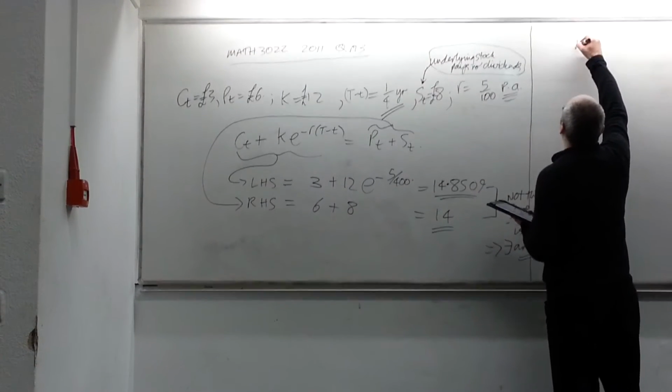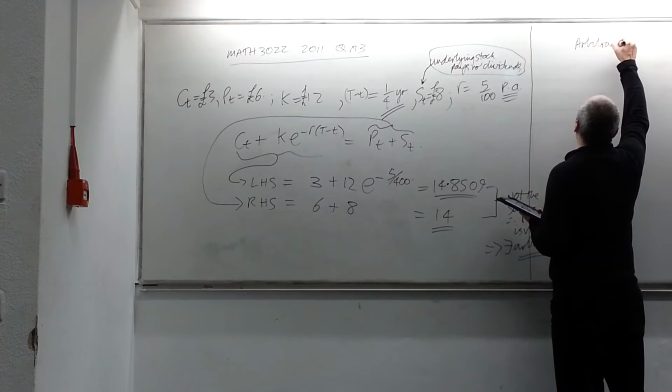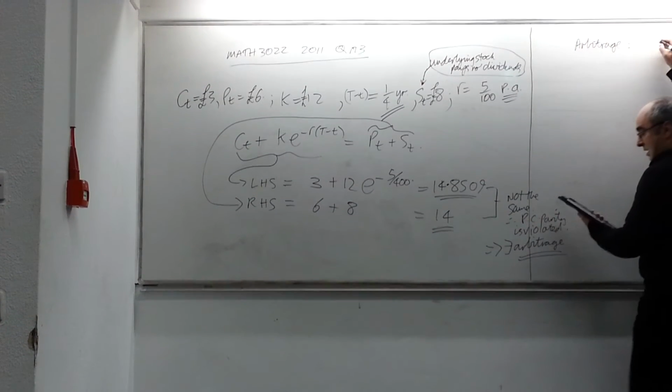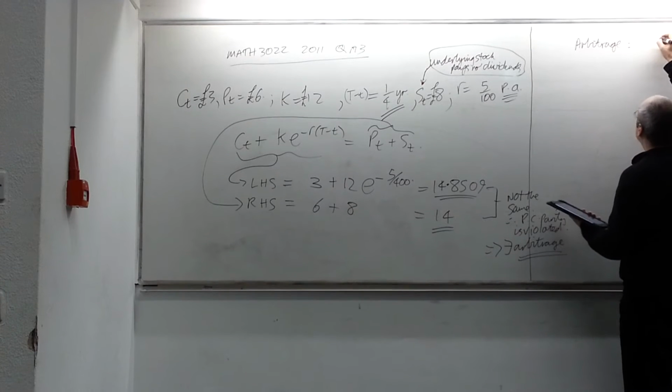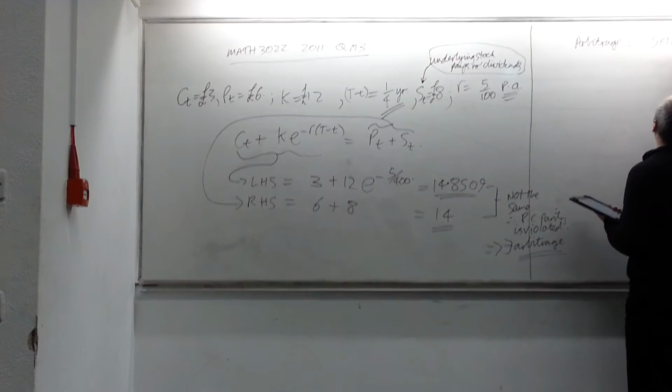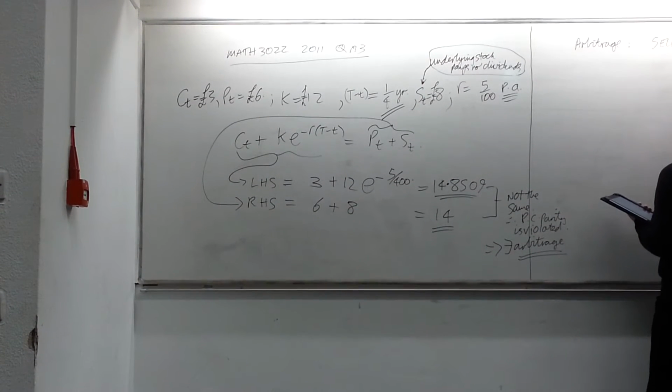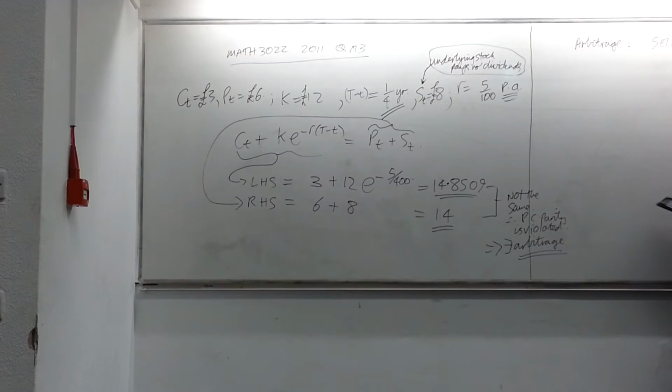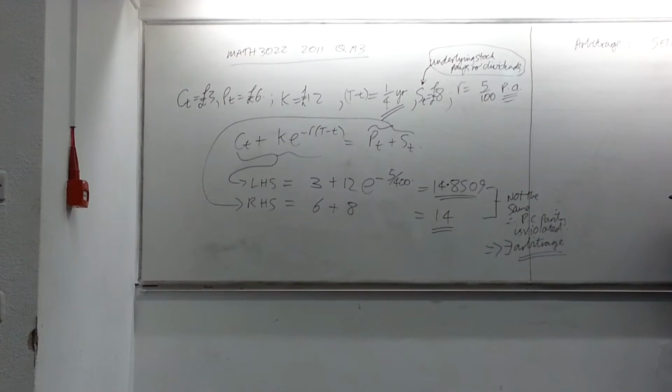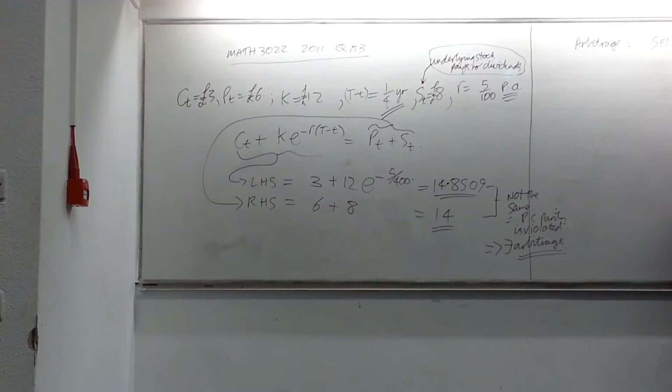So, remember, if there's an arbitrage, sell the expensive side, buy the cheap side of the inequality.